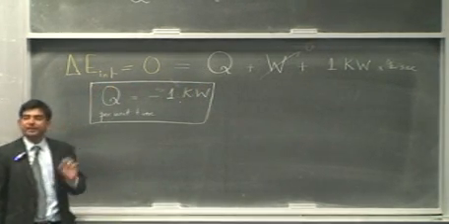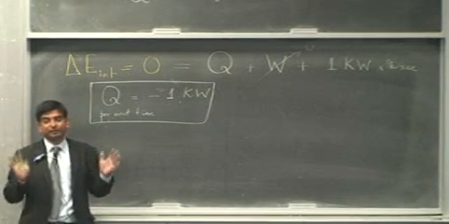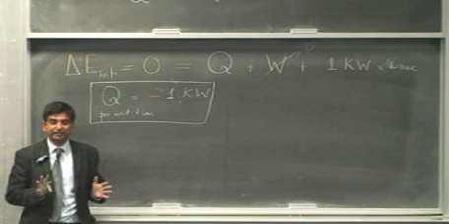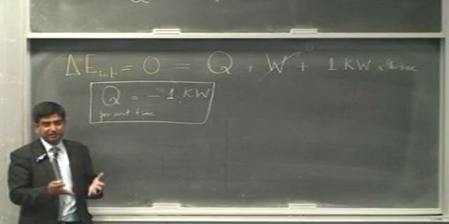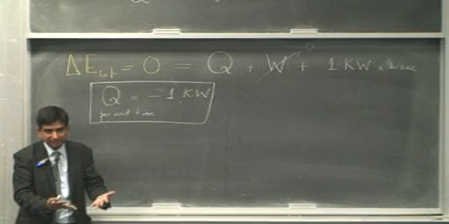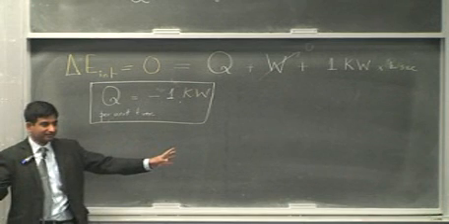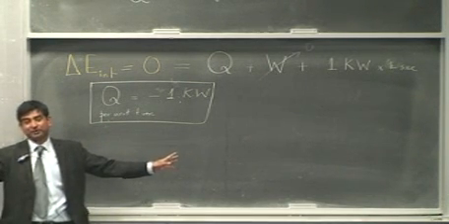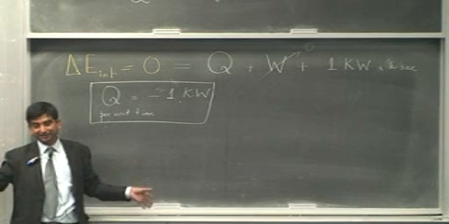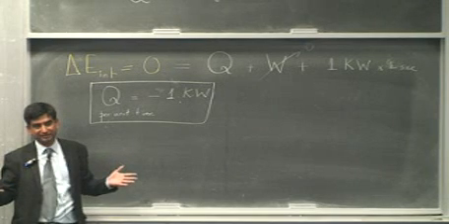So the numerical value of Q is minus 1 kilowatt, which means that all the electrical energy going into the nichrome heater is being transferred out of the heater through microscopic work, but no macroscopic work. It's being transferred out of the heater through what we generally call heat energy.